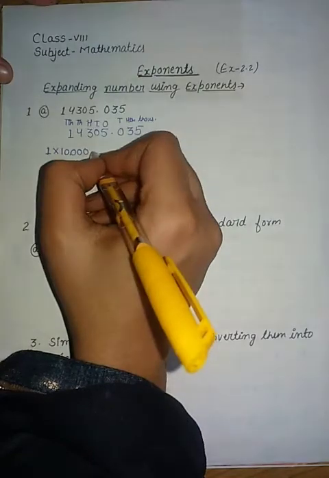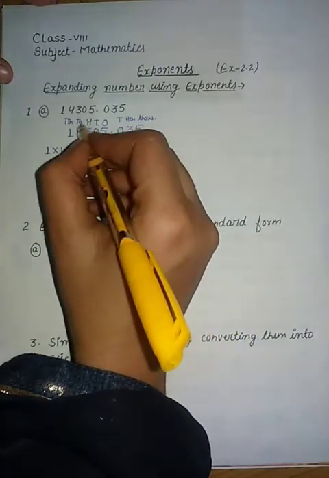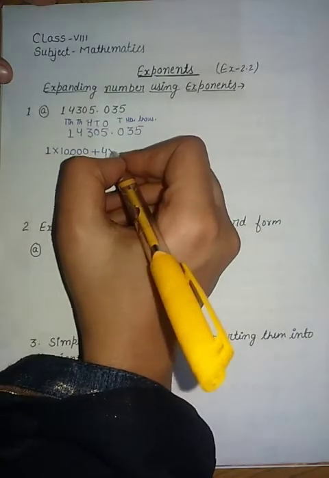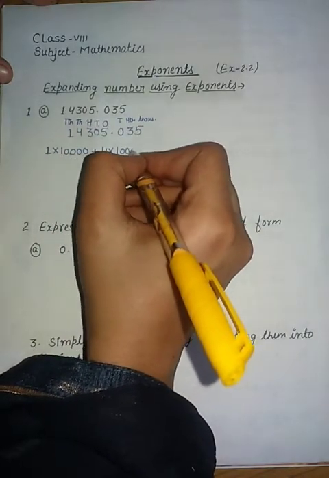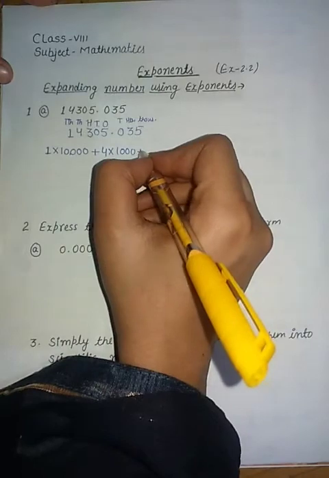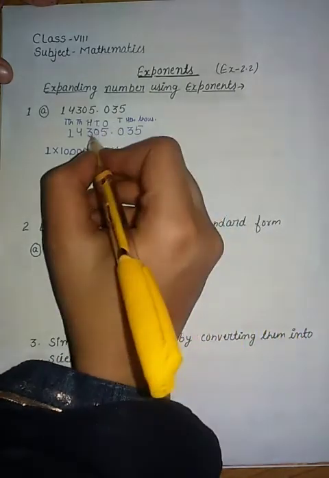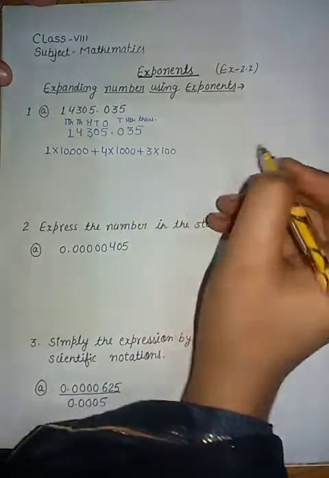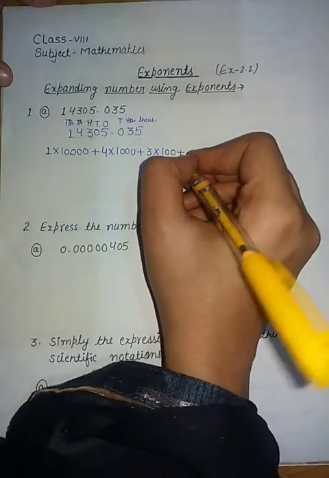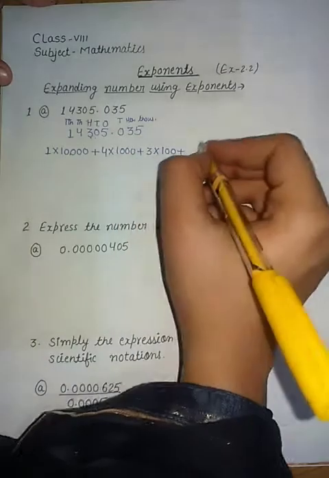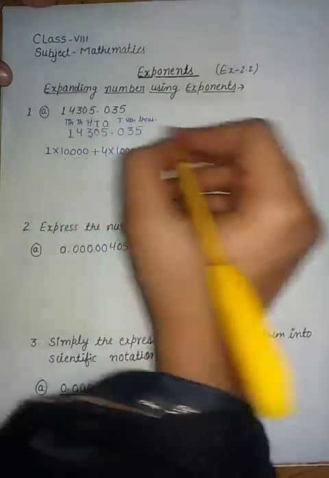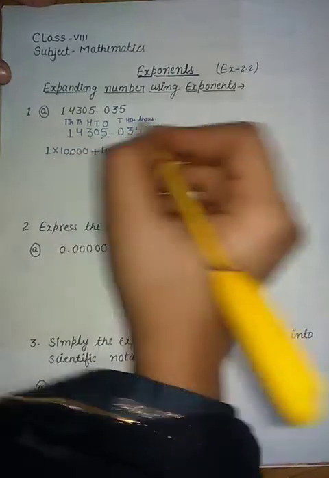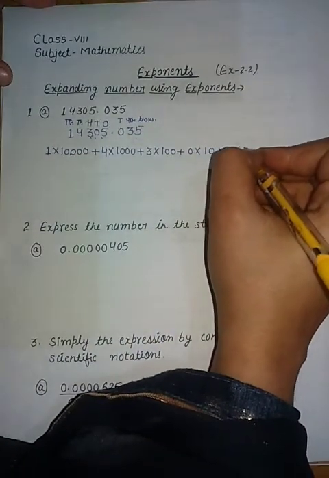Now I will write plus 4. 4 is in the 1000 place, so multiply by 1000. After that plus 3, which is in the 100 place, so I will multiply by 100. Next digit is 0, which is in the 10's place, so I will multiply by 10. 5 is in the 1's place, so 5 multiplied by 1.